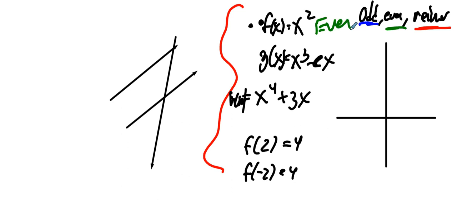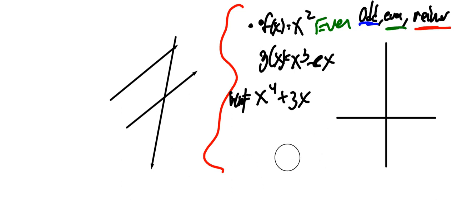x to the third minus 8x. So when we have x to the third minus 8x, essentially we're going to plug in some value and determine whether it's odd, even, or neither. Let's plug in some easy value. Let's say 1.